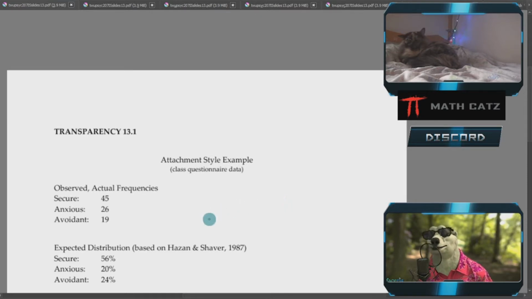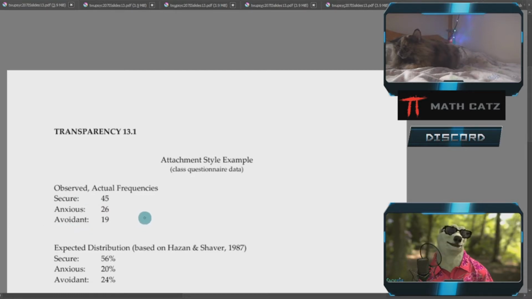For example, let's look at different kinds of attachment styles people could have, and the different possible outcomes we're looking at are secure, anxious, and an avoidant attachment style.